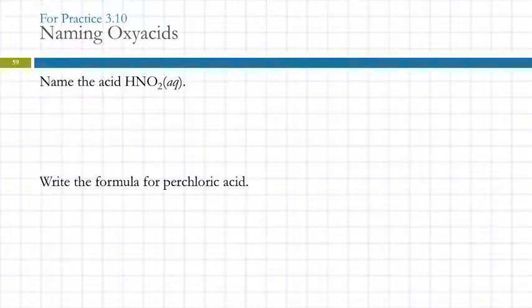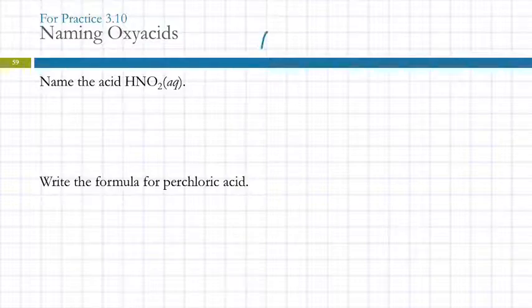So let's name this one. HNO2. We're going to name this as an acid because it's dissolved in water. We've got the aq here. It starts with an H. This one has oxygen in it. So what we want to do is cover up the H and look at what's left: NO2 with a charge on it. What's the name of that oxyanion?